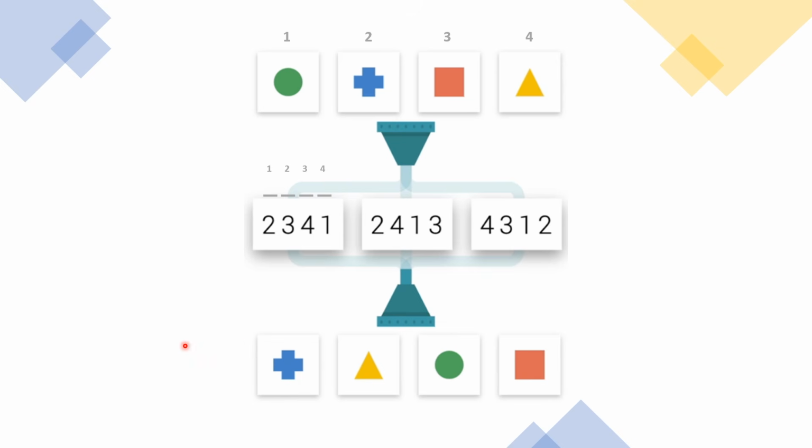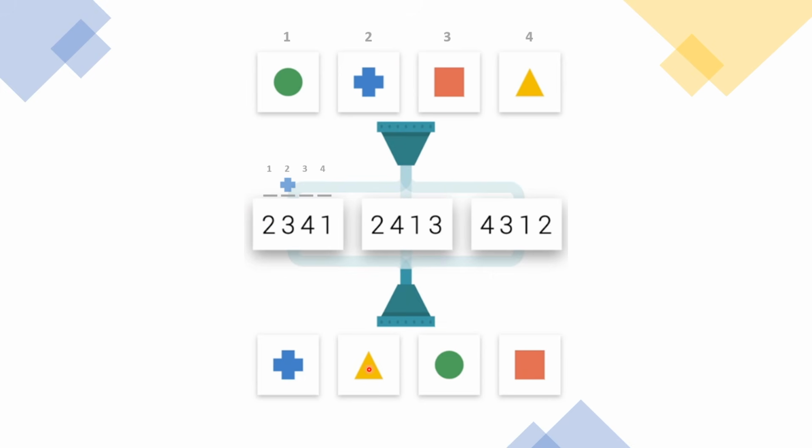And what we do when we're working backwards is we're looking at the output and we're coming back towards the top. So in this example, we look at the first shape. We then look at the first number, which tells us which position it should be. So the cross should be in position number 2. So we have the cross there.